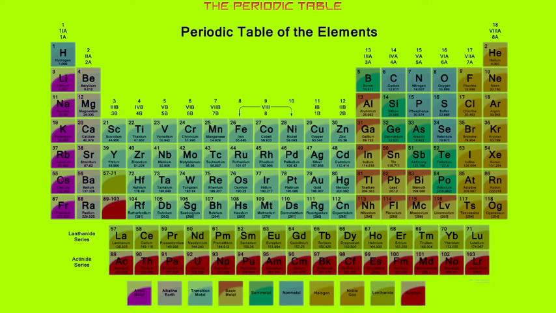In the first 20 elements in the table, you will observe the following. Elements H, Li, Na and K with valency 1 are found in group 1A. Elements Be, Mg and Ca with valency 2 are found in group 2A. Elements B and Al with valency 3 are found in group 3A.